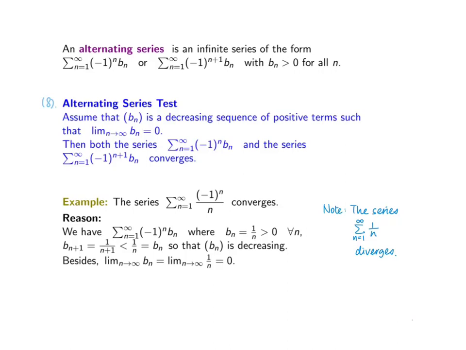That is a p-series, and by the p-series test, the series diverges. However, if we multiply (-1)^n to that p-series, then we get a new series which converges. Therefore, multiplying (-1)^n to some series which originally diverges can give a convergent series. So the alternating series test is useful for us to construct some convergent series which are not absolutely convergent.